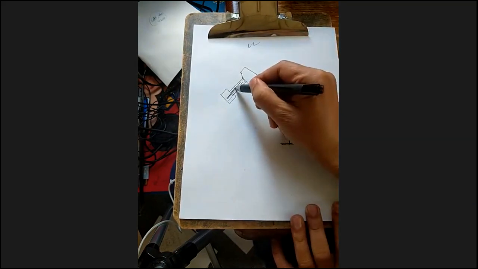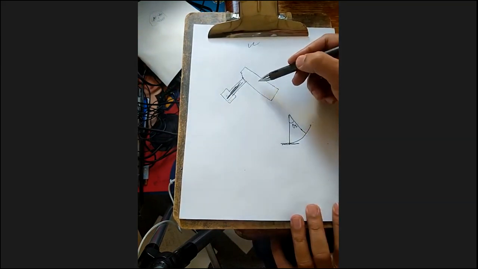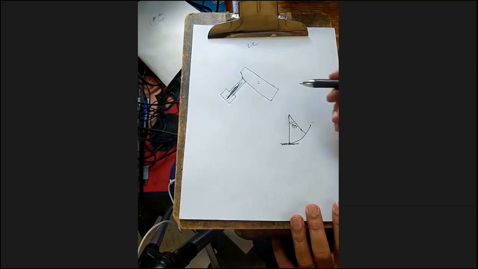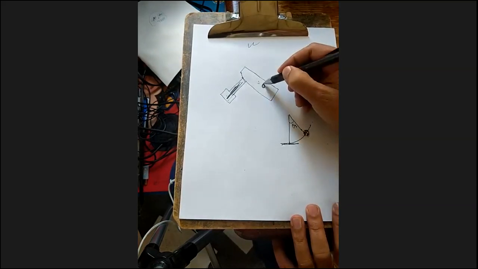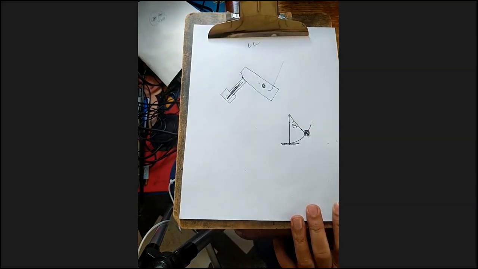Because this is on the ground. Only this guy rotates. Suppose this is the ground, and while this guy rotates, my position at some point of time is here. This is the link.